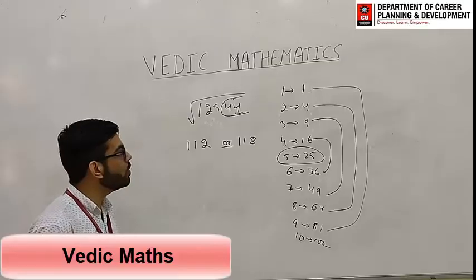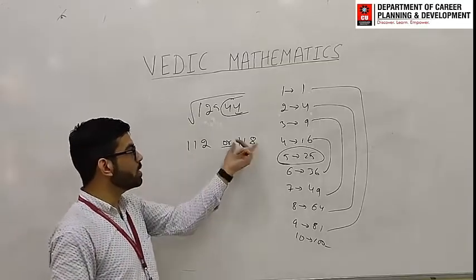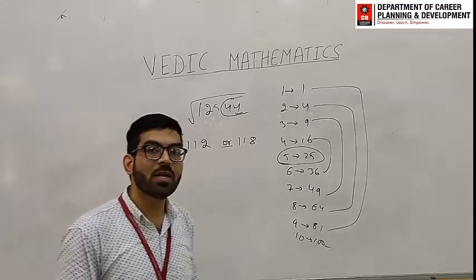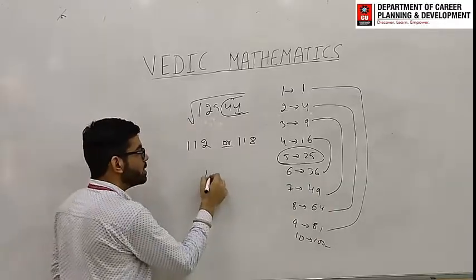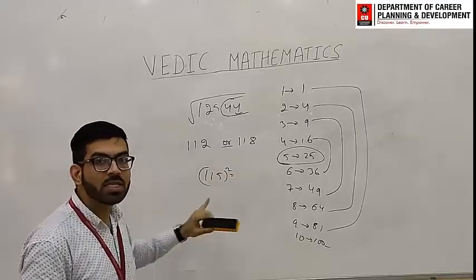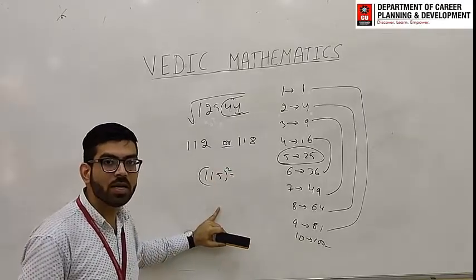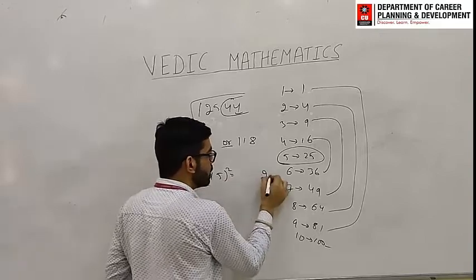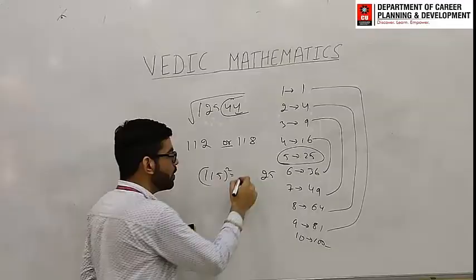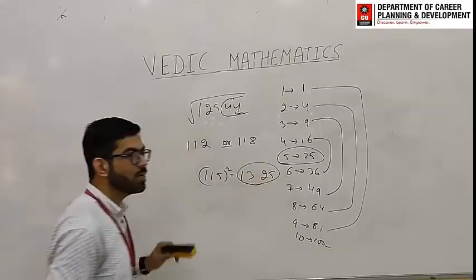Now, the main thing is, how will you find whether this one is your answer or that one? Here you can apply the trick of the previous one, when a number is ending with 5. That means you will find the square of 115, because it is easier to find the square of a number ending with 5. So the last part is 25, next 11 into 12, 132.